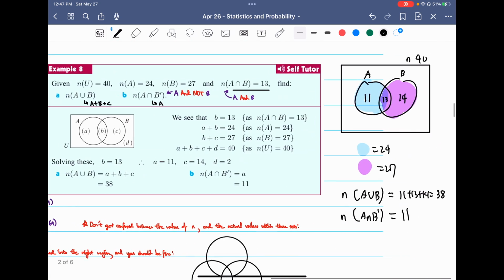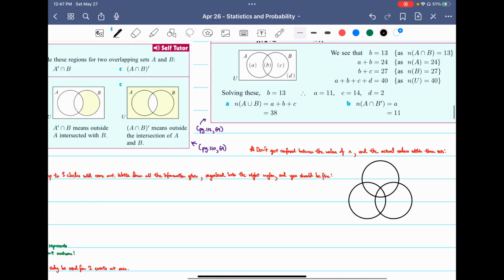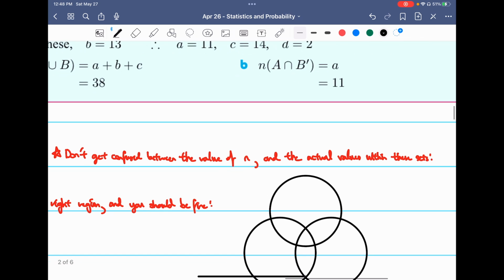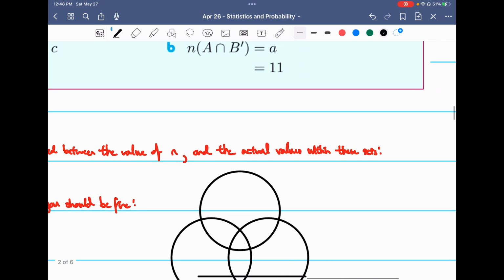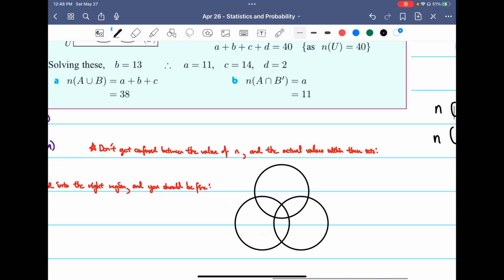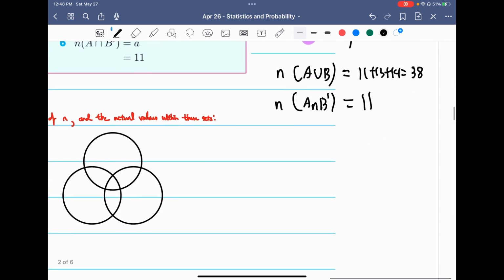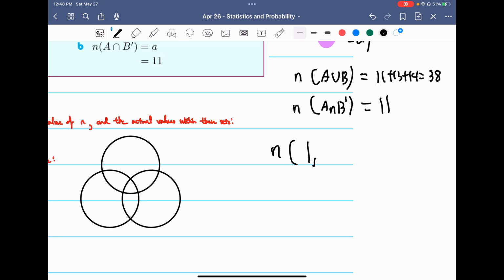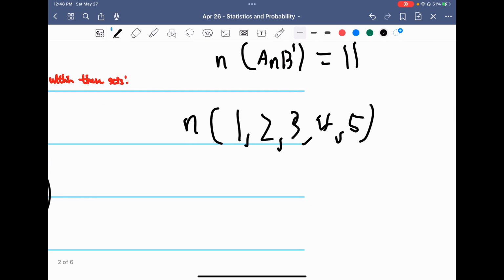And if my explanation is a little confusing, you can look at the solutions. Let's look at the tip written here. Don't get confused between the value of n and the actual values within these sets. If they give you a number set like 1, 2, 3, 4, 5, this doesn't mean that you have one number in one set, two numbers in two sets.